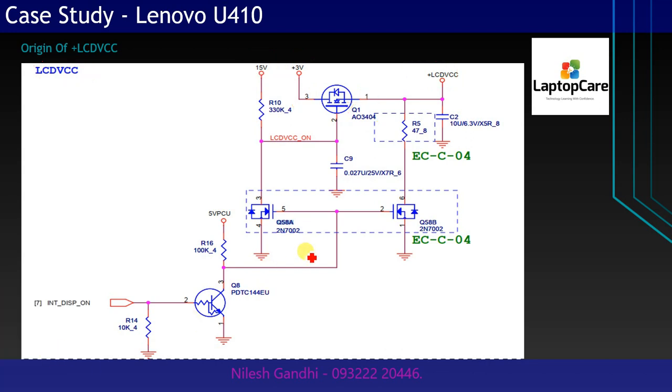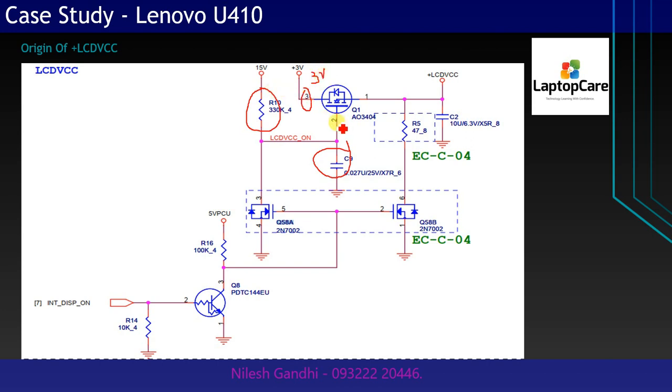Now friends, the gate of Q1 is also connected with resistance R10, which is 330K, and capacitor C9. We measured voltages at all the points. At pin number 3 we got 3 volt.